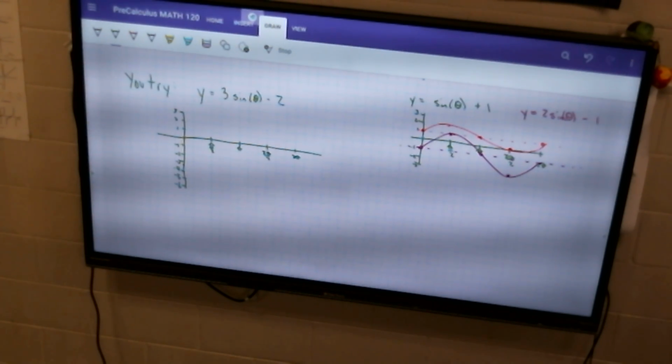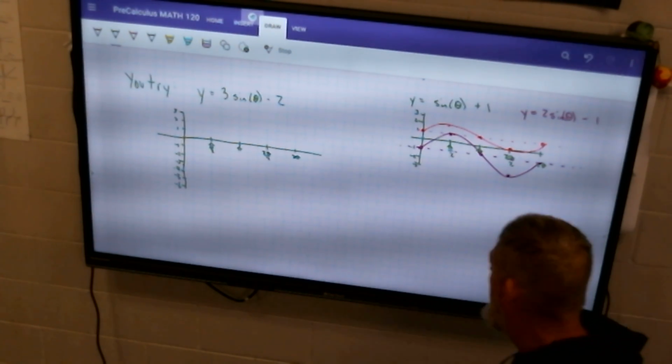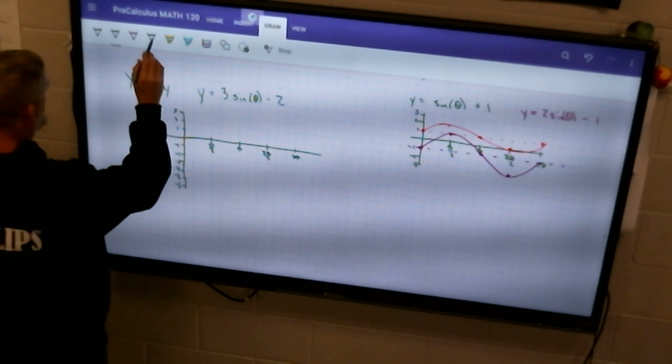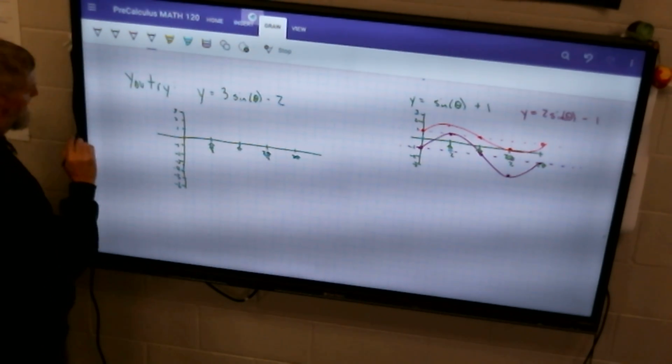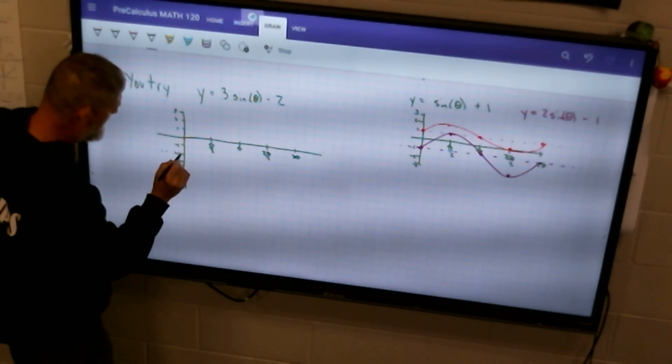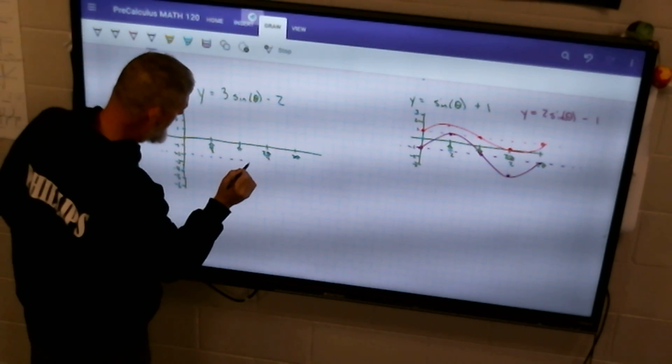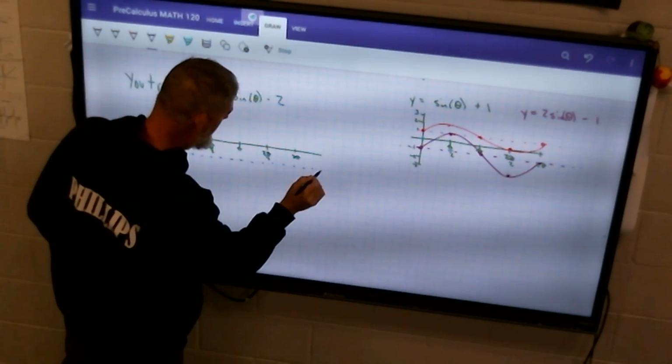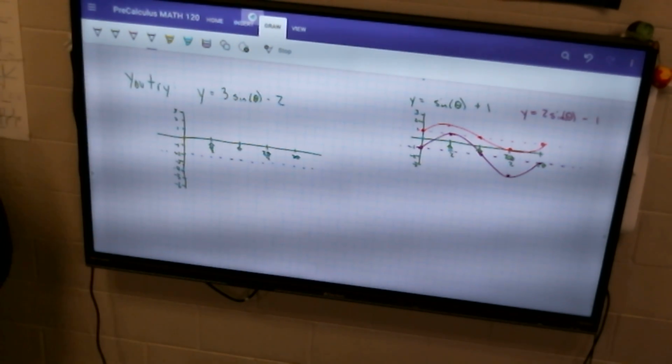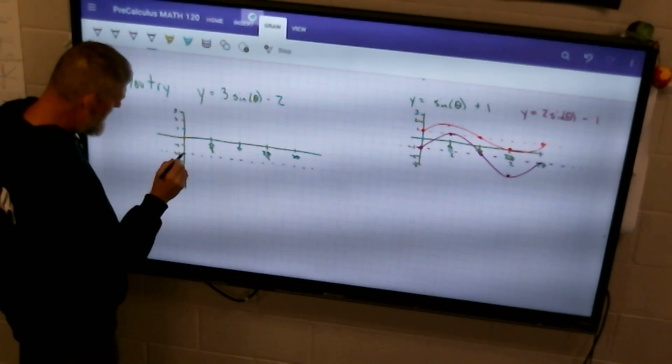Okay, we need more time, we good? So, Amani, where's the midline? -2. So right here's my midline. You should have started right there. Now we're going to go above and below that line, how far? 3. So I'm going to start at 0.